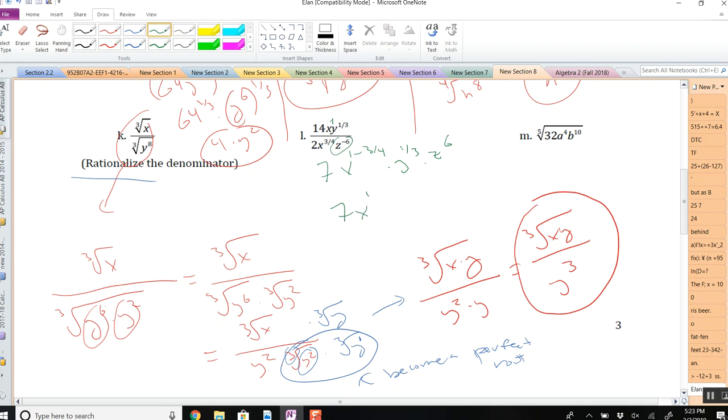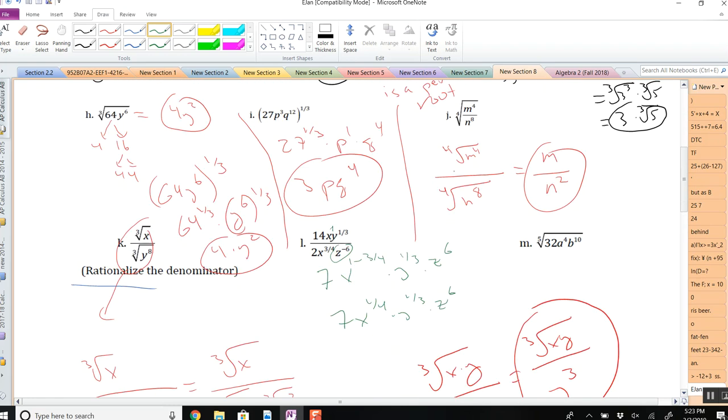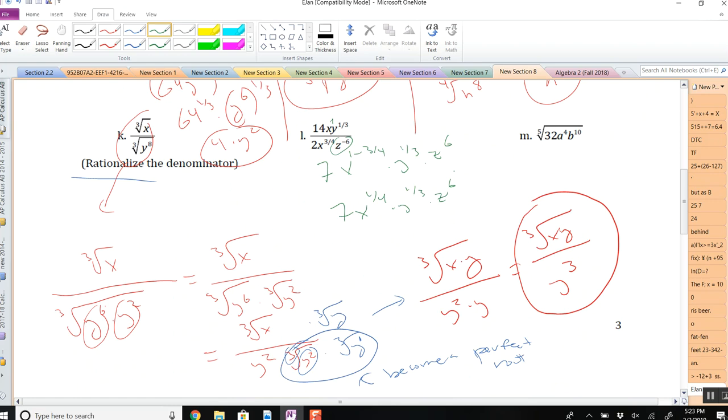So 7x to the 1/4 times y to the 1/3 times z to the 6. If you want to write it in radical form, you could write the fourth root of x times the cube root of y, and of course times z to the 6. You can't combine the fourth root and cube root, you kind of have to leave them separate, but this is fine too up here.